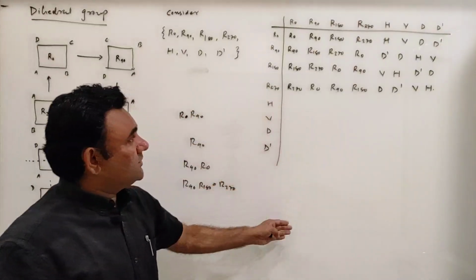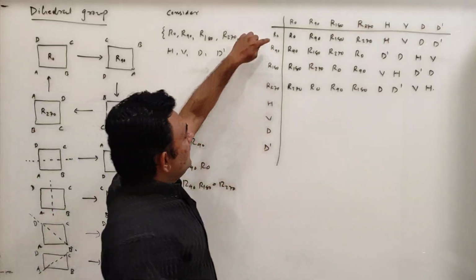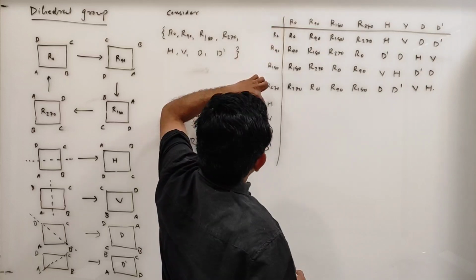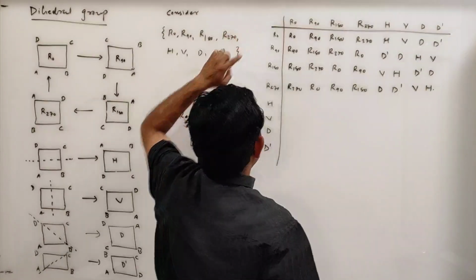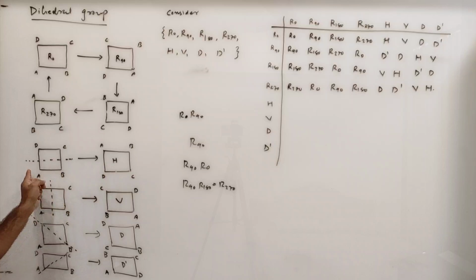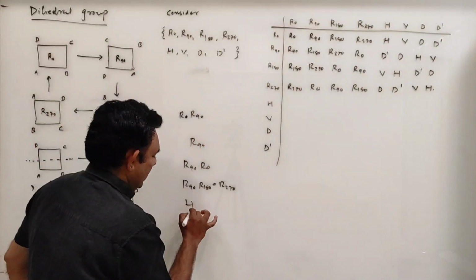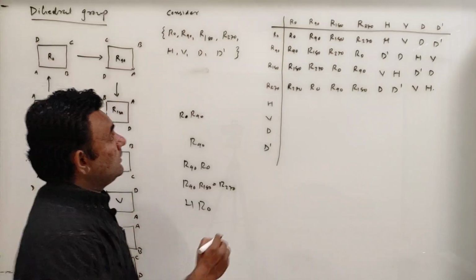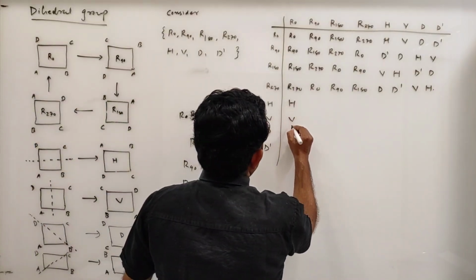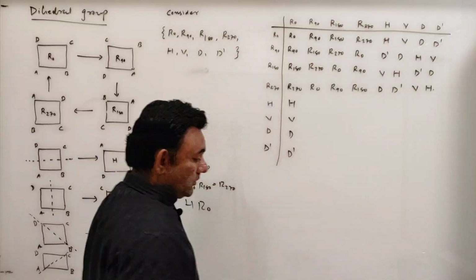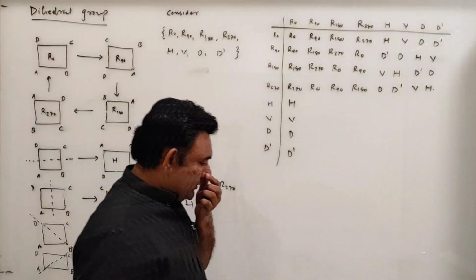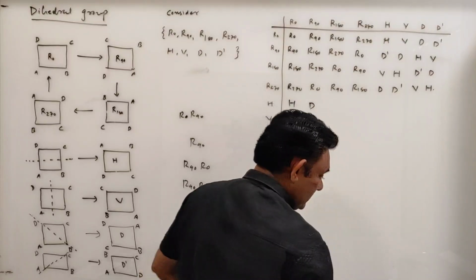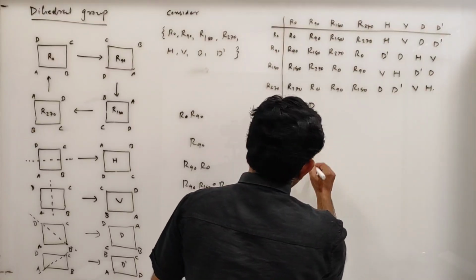Now let us compute this thing. Here you apply H on R0. H on R0 will be H. You start with R0 and apply H, so you will get H. Similarly this will be H, V, D and D dash. Now this column will be D, D dash, VH.